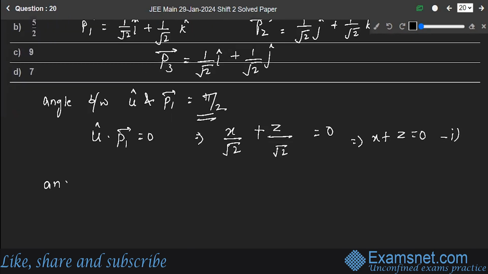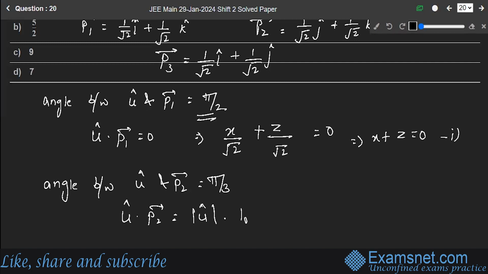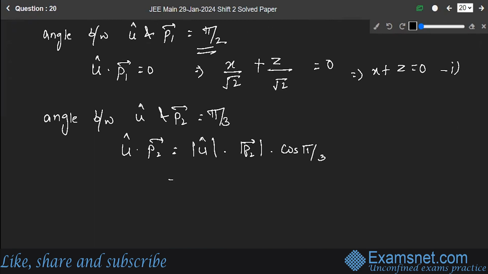Now you have the angle between u and P2 is equal to pi by 3. So the dot product of both of them is given by the magnitude of this, multiplied by the magnitude of this, multiplied by the cos of the angle between them.